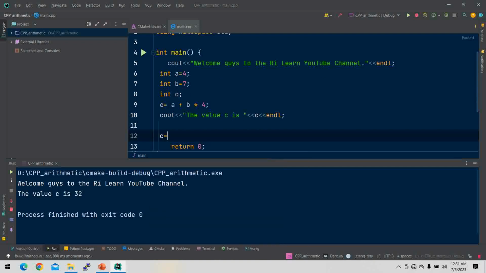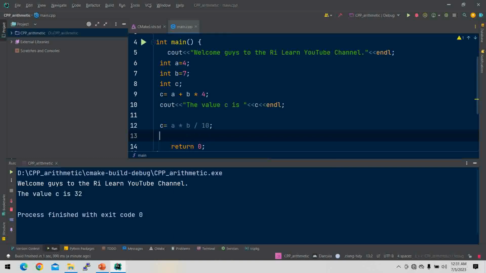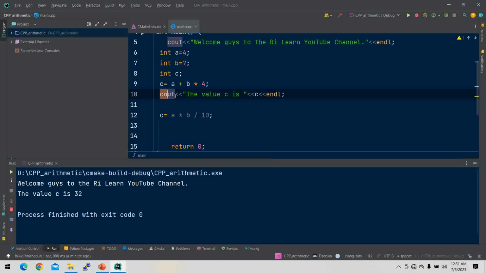c is equals to, for example, a times b, then divided by, for example, 10. Okay, so for example, which one is executed first?